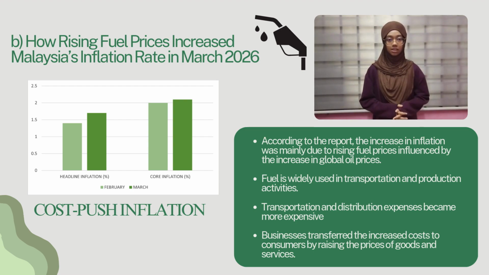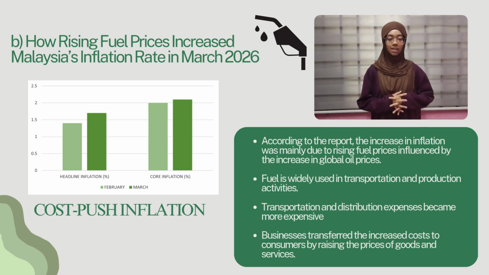According to the article, The Star 2026 stated that Malaysia's headline inflation rose from 1.4% in February 2026 to 1.7% in March 2026, while the core inflation rose from 2.0% to 2.01%.